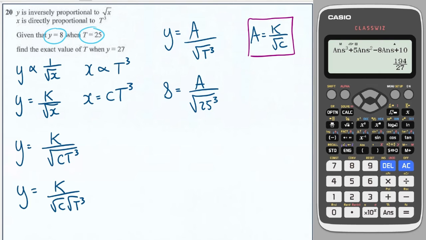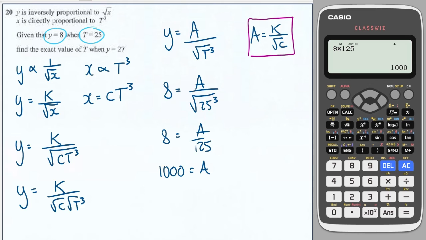Let's just figure out what that is. So the square root of 25 cubed is 125. So we get 8 is equal to a over 125. So times that through, we get 1,000. So a is equal to 1,000.